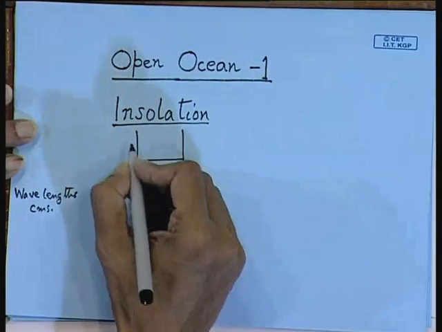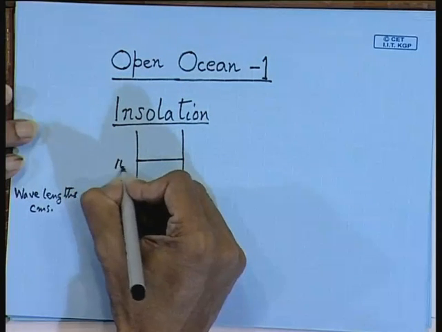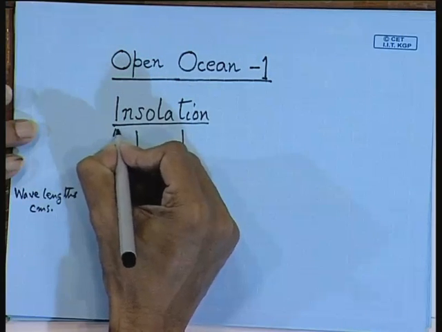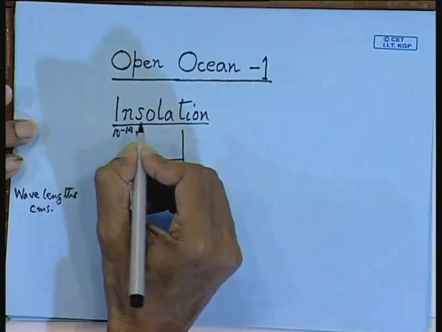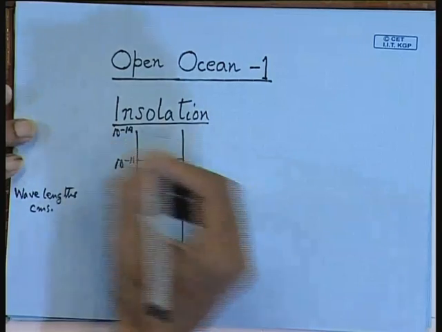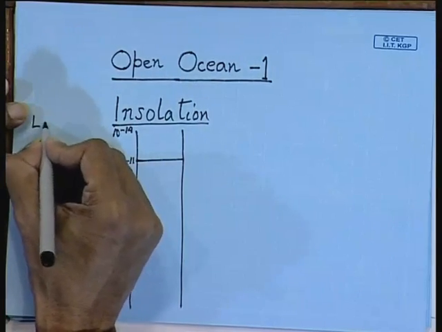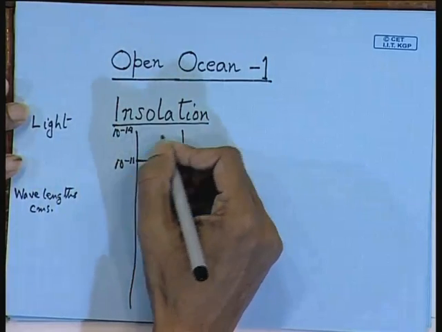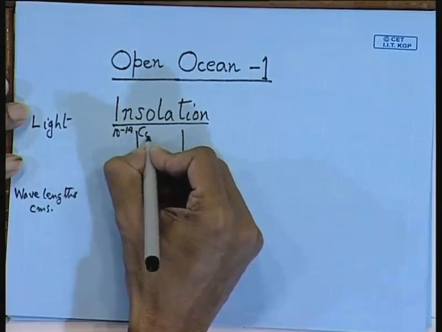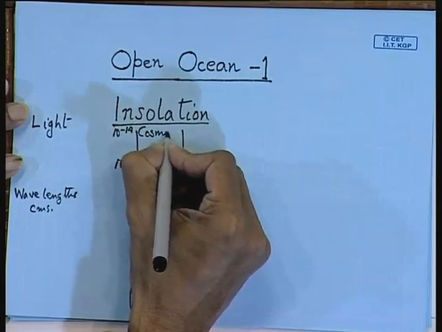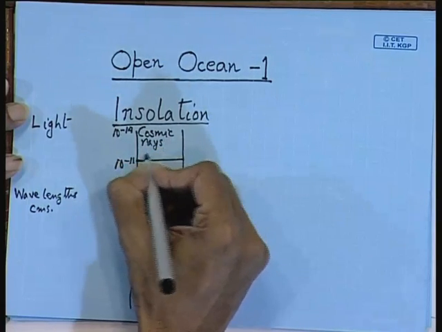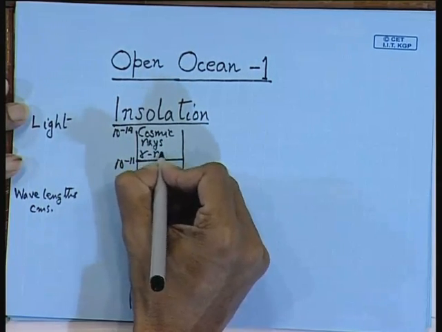This is from 10 to the power minus 11 centimeters to 10 to the power minus 14. So, this we are discussing, light. These consist of mainly cosmic rays, or you can write gamma rays.